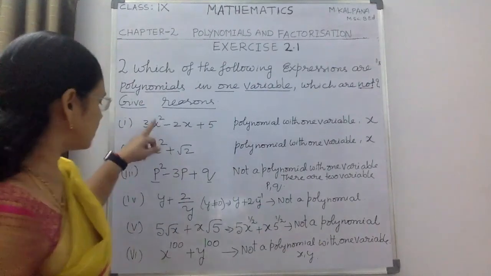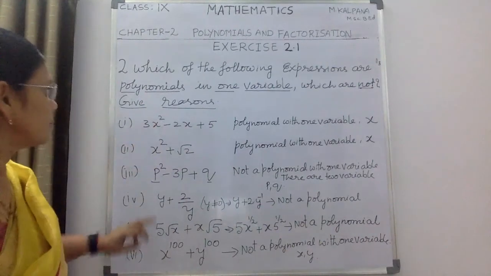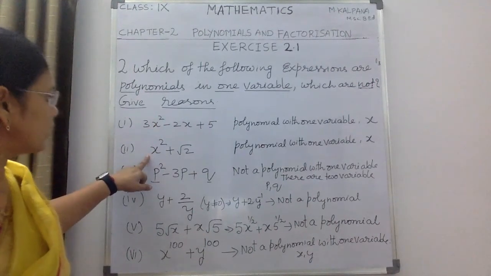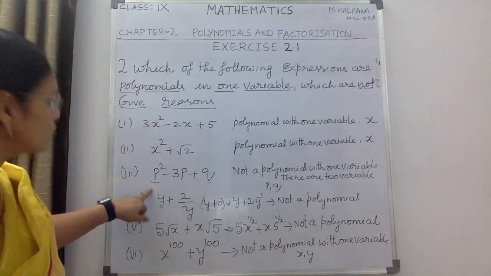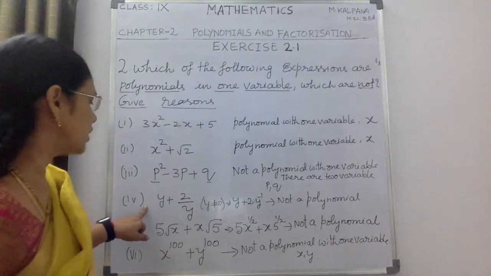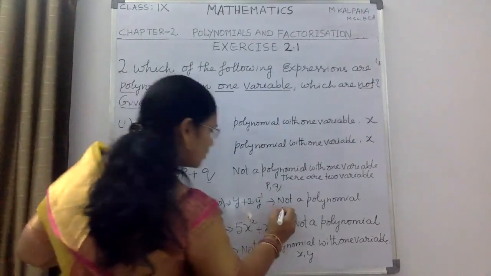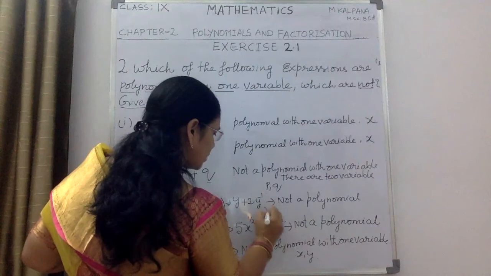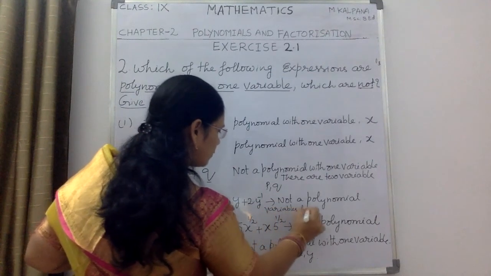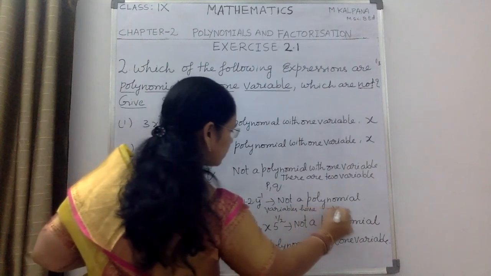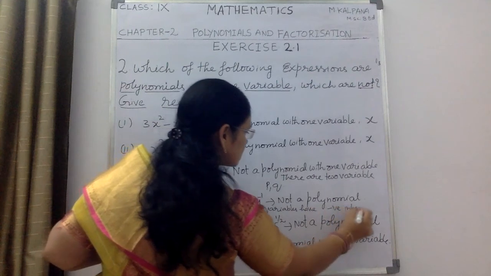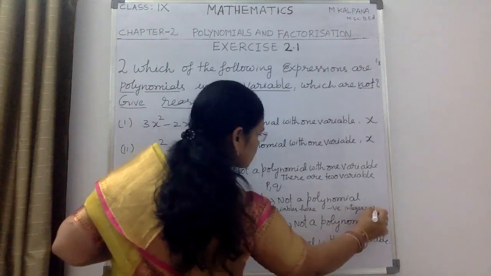So among all these expressions, the first one is a polynomial with one variable, and the second one also, but the third one is a polynomial with two variables. The fourth one is not a polynomial. Why? Because the variable has negative integers as powers.